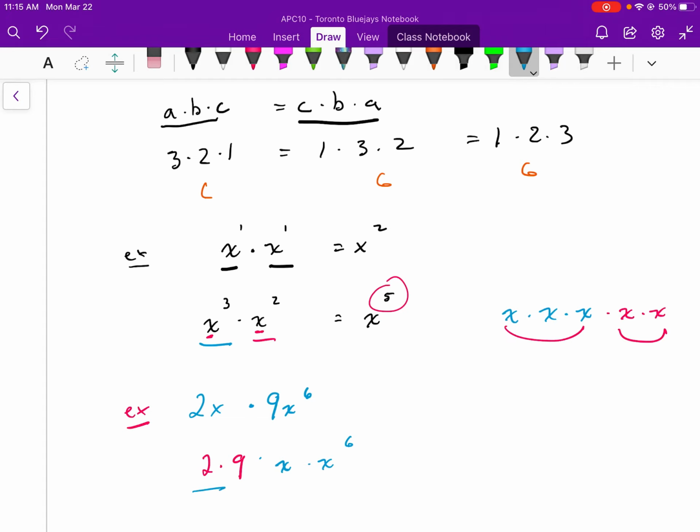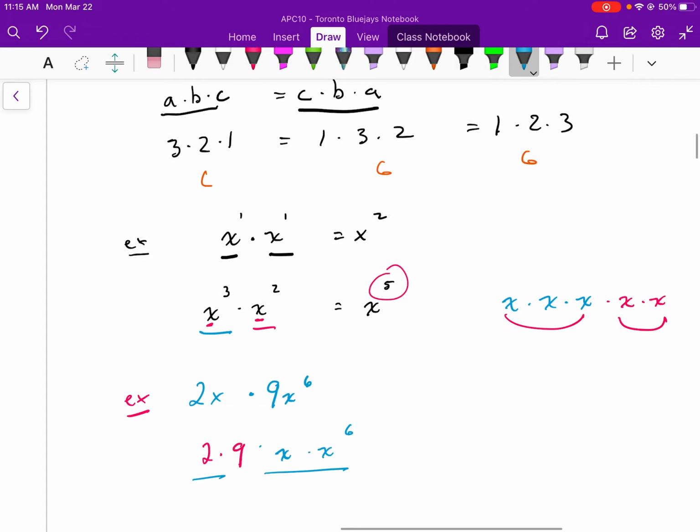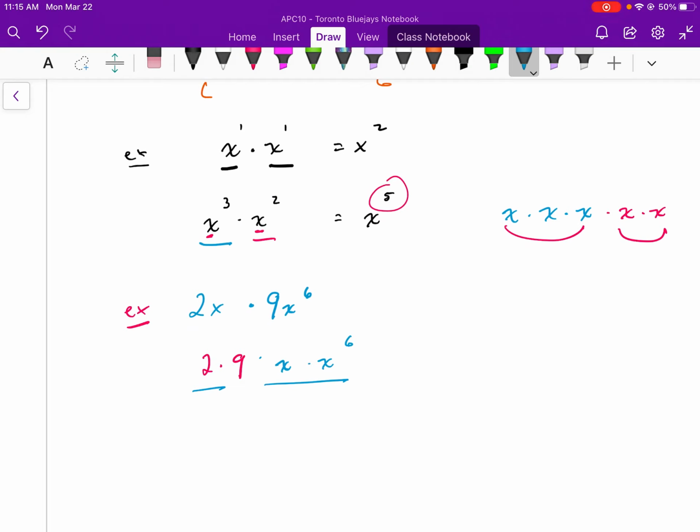So on one side we have the coefficients, on the other side we have the variables. And I can split this up using the distributive property of multiplication. So really, we are able to simply multiply the coefficients and multiply the variables. And I always encourage people, if it's x, just write it as x to the power of 1. Makes things much, much easier.